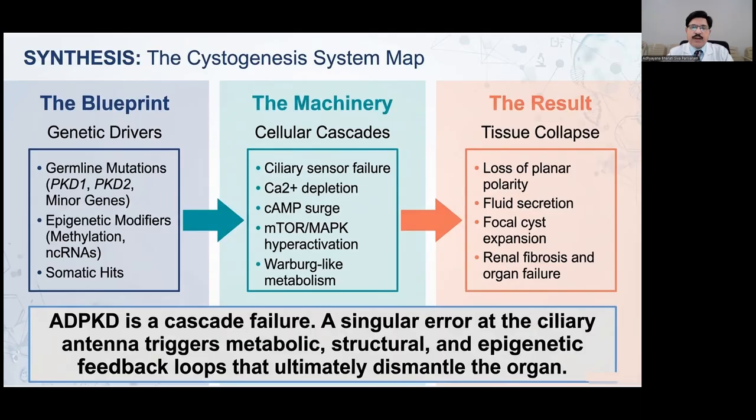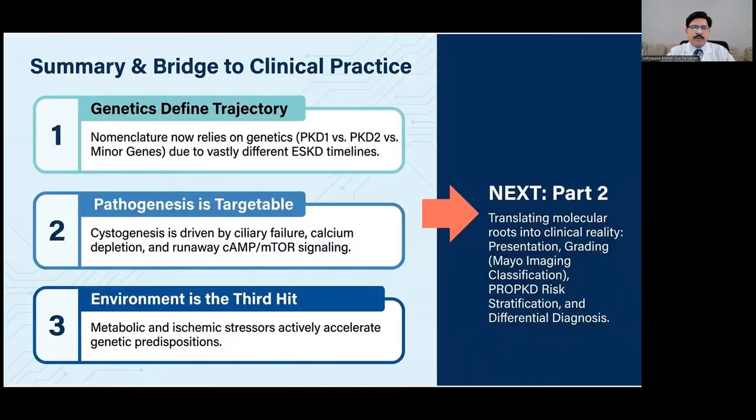ADPKD is a cascade failure, from a singular error at the ciliary antenna. PKD1 or PKD2 triggers the metabolic, structural, epigenetic feedback loops that ultimately dismantle the organ from its function. Okay, this is all about the genetics and the pathogenesis. Now, to summarize the whole story, genetics define the trajectory of the disease, how fast or how slow. Nomenclature now relies on nothing else but the genetics.